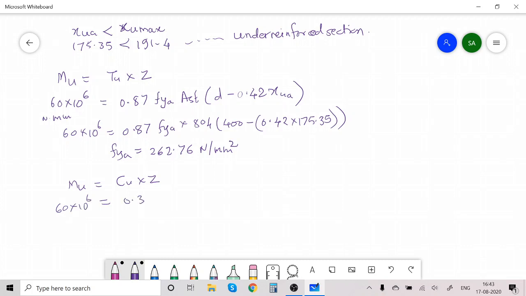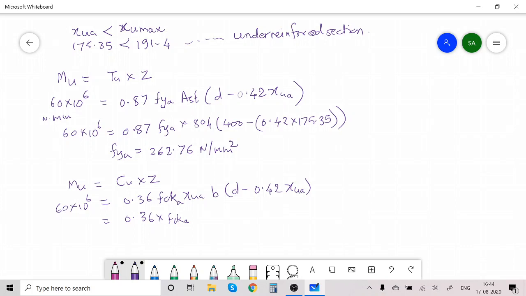Cu 0.36 FCK actual, or you can say stress in concrete actual, XU actual, B into lever arm D minus 0.42 XU actual.